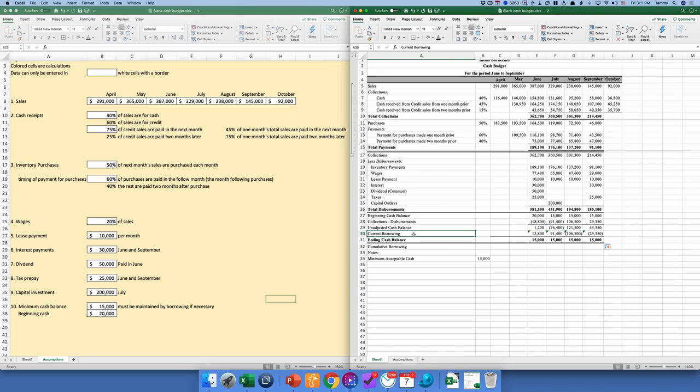Right, so we need to do something different about how we're making decisions here, and we do that with another one of our logical functions. So I'm just going to take notes down here, right? We need a logical function for borrowing.